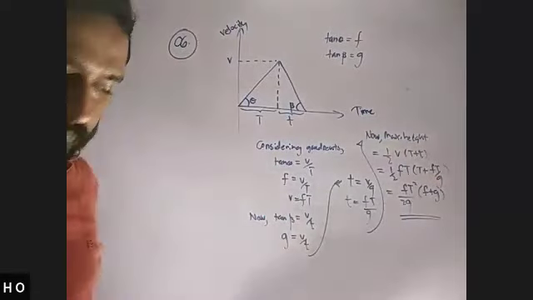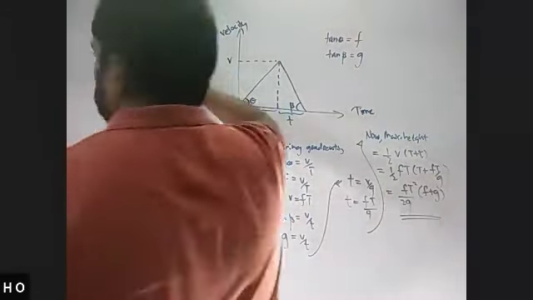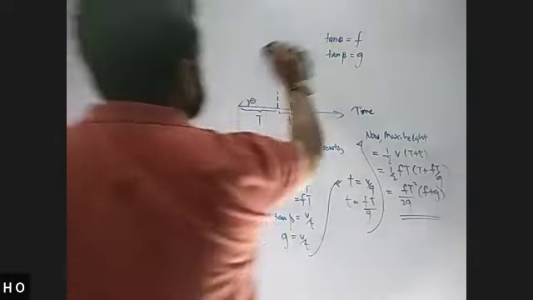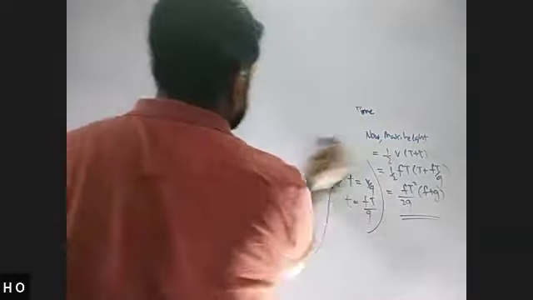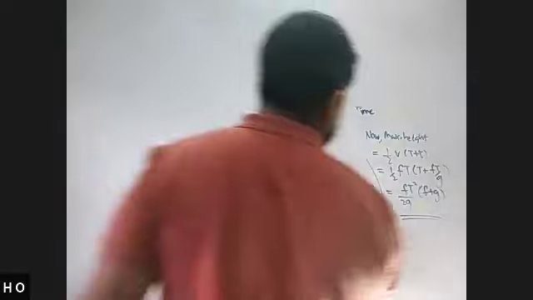All right. So question number 7. What I've given to you: a smooth wedge of mass capital M rests on a smooth horizontal table.